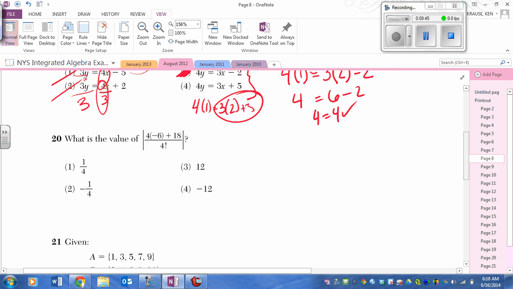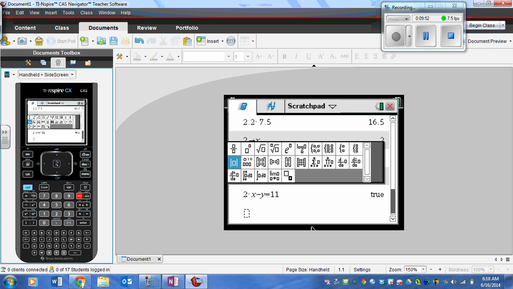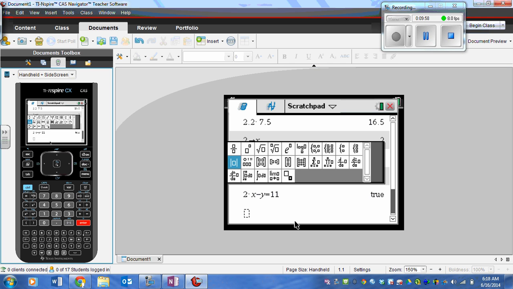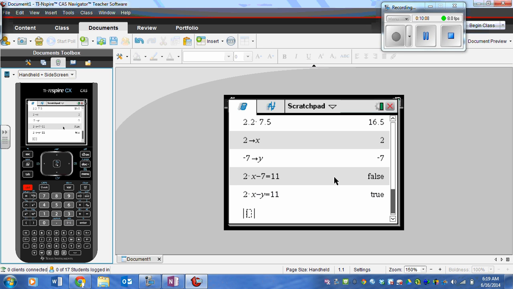Well, this one, quite frankly, I would strictly do on my calculator, so we'll get the absolute value, which we find right here. Then I've got to get division, so I'll do control division.